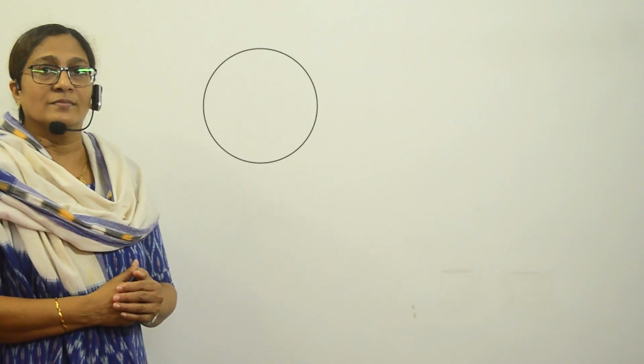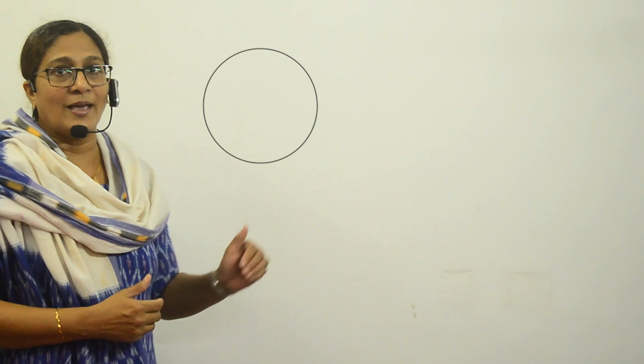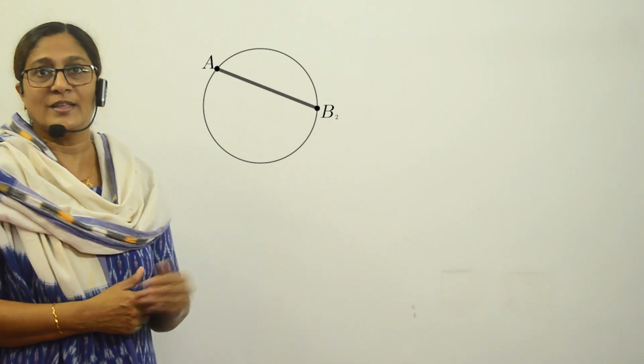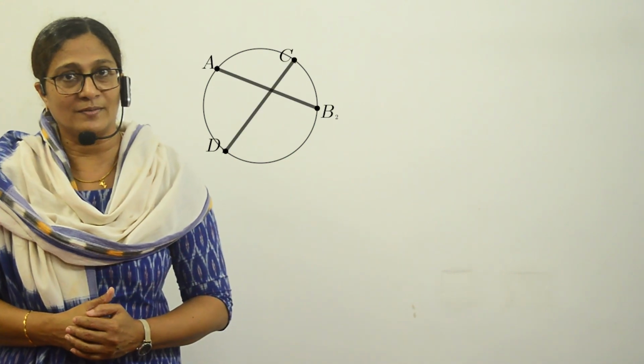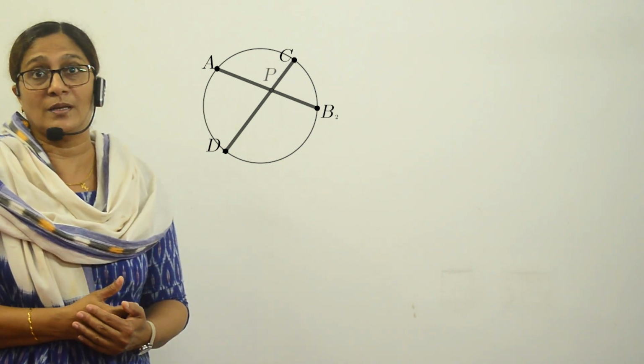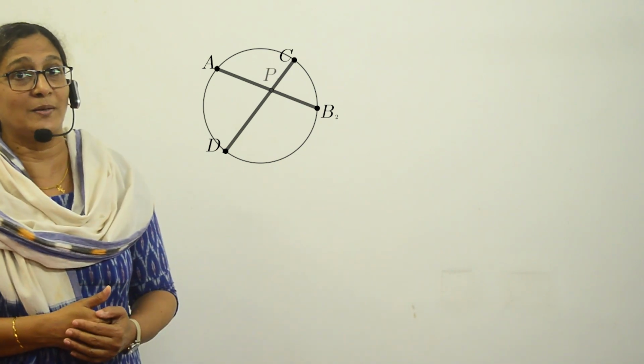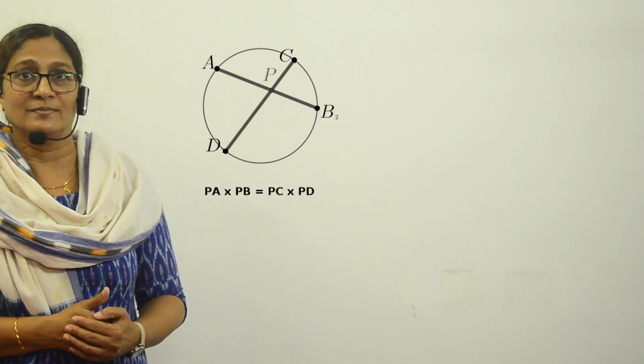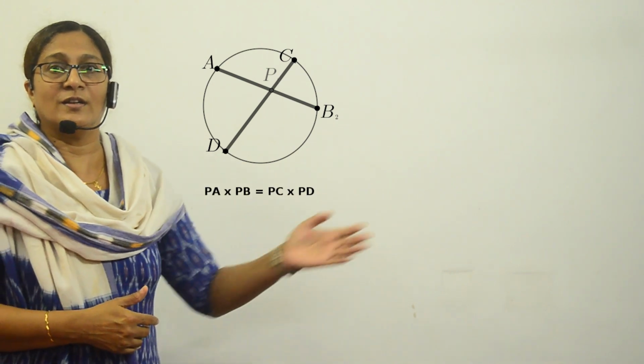For example, see another circle. The chords are AB and CD. They intersect at the point P. So we can say PA multiplied by PB equals PC multiplied by PD. Look at another circle.